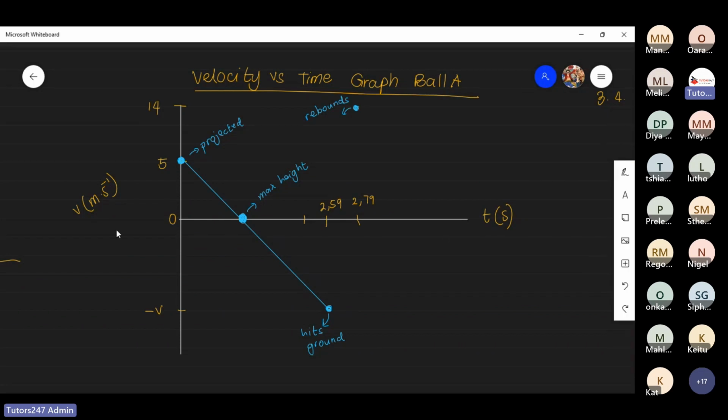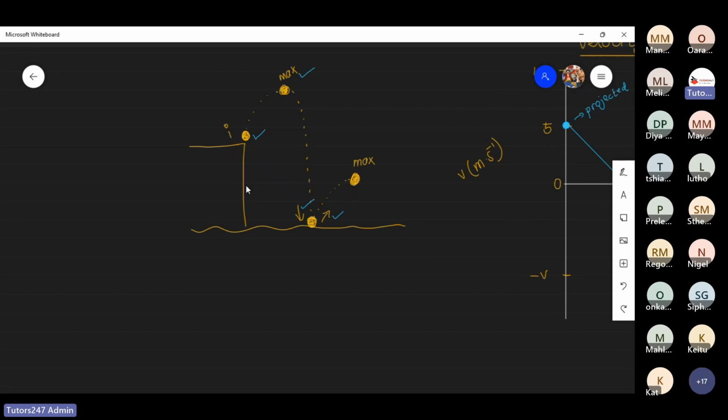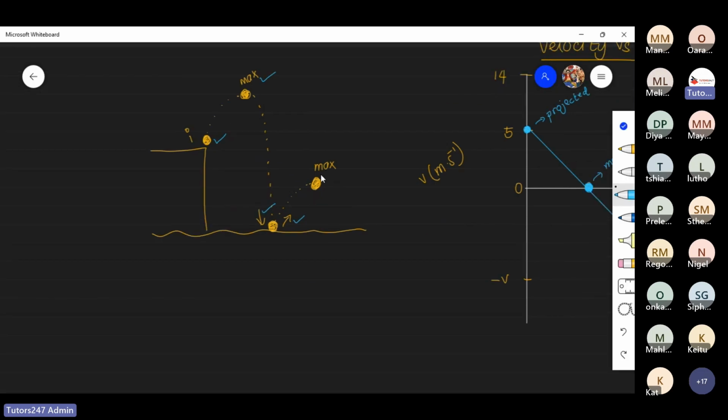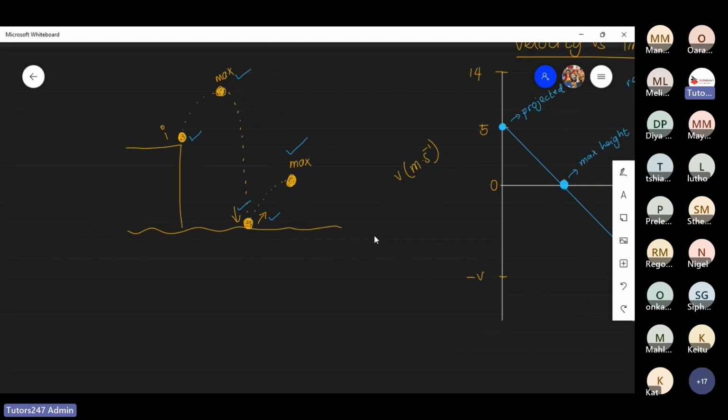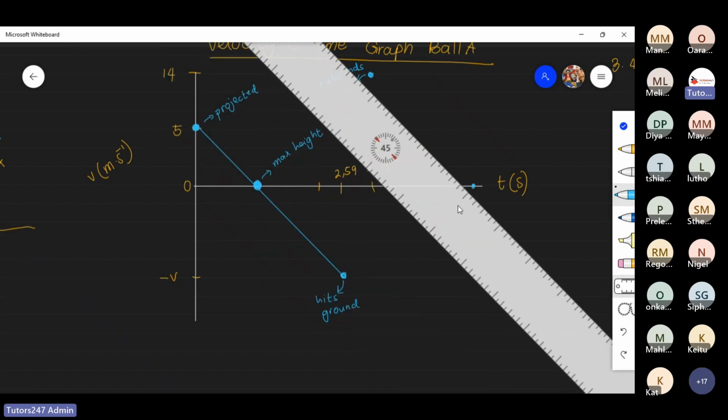So let's go back to our checklist. We've completed the rebound. What is next? When it reaches maximum height. So let's go. We know that maximum height is when velocity is 0, but we don't have the time when it reaches maximum height. So we just put some random point with some random time.